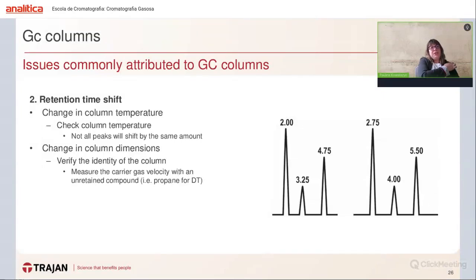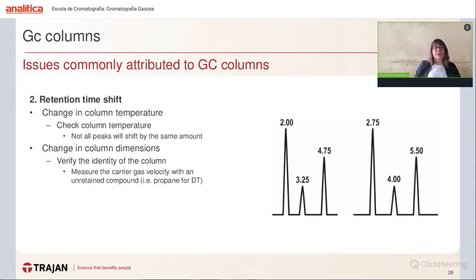The retention time shift can be caused by a change in column temperature, so we should check the column maximum temperature. Sometimes not all of the peaks will shift by the same amount of time, so they can also be co-eluting, and we will be losing our resolution.